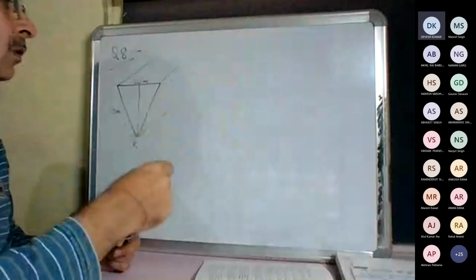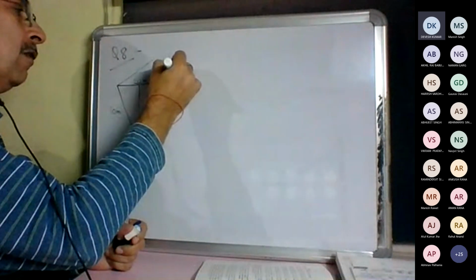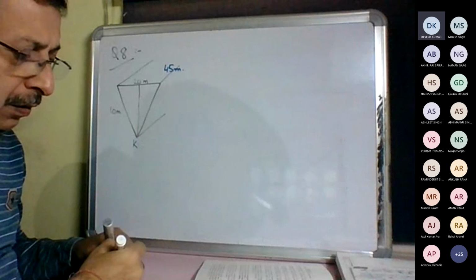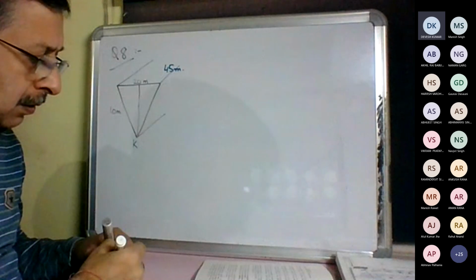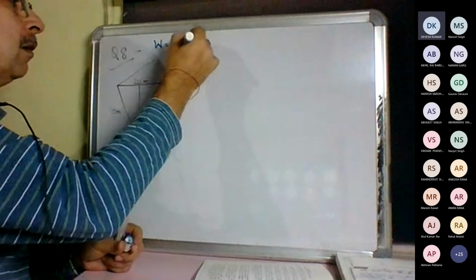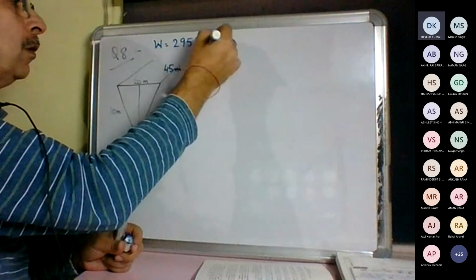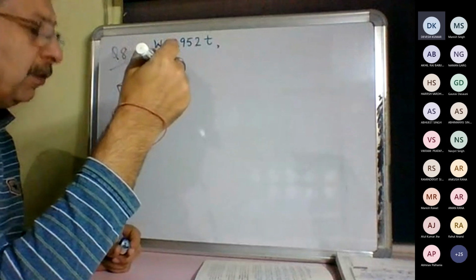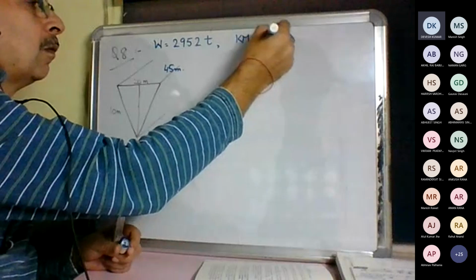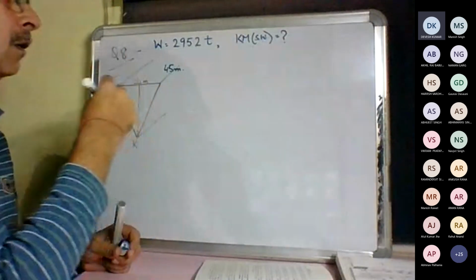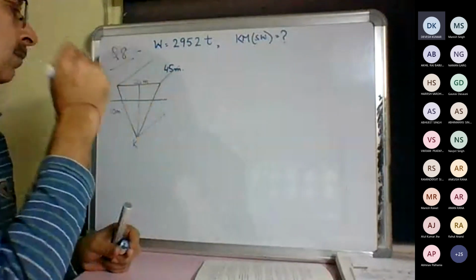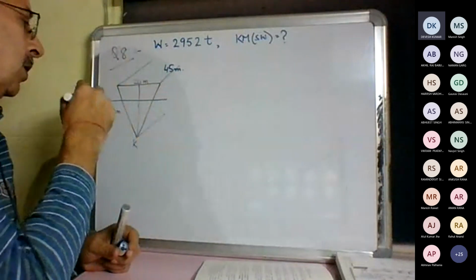Its length is 45 meters, and displacement is 2952 tons. We have to find the KM in salt water. Draft is not given, so let it float at a certain draft D. This is the water surface.